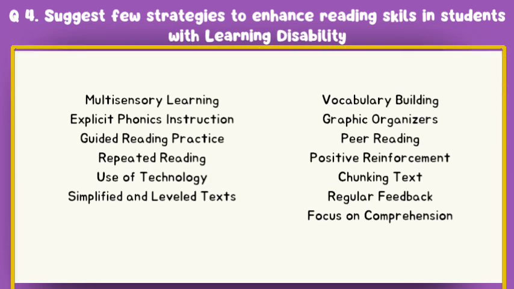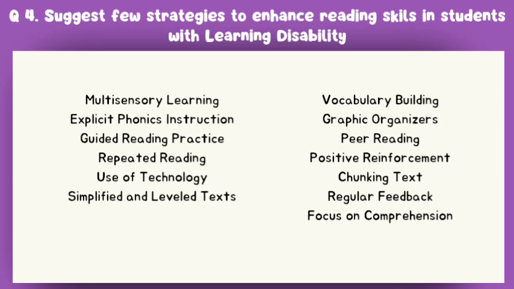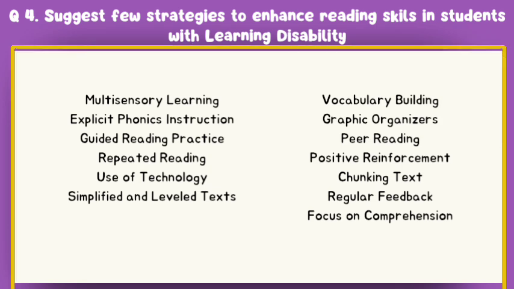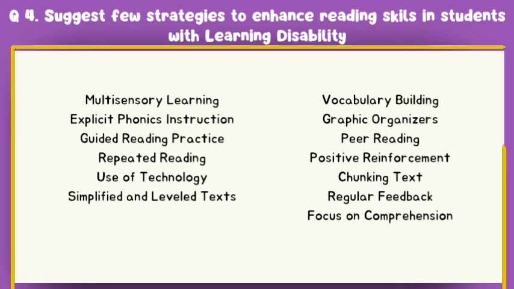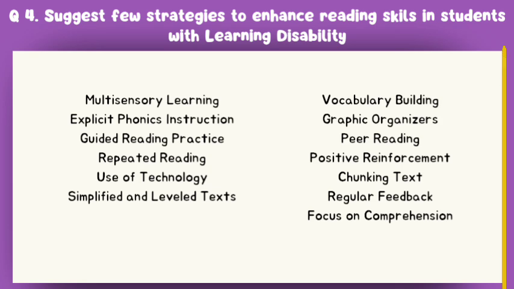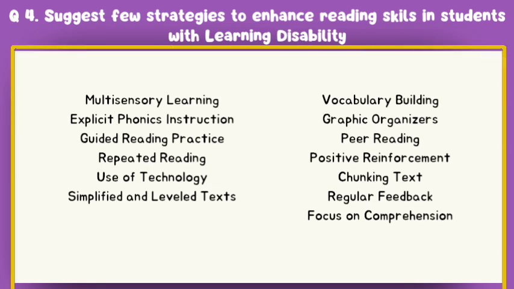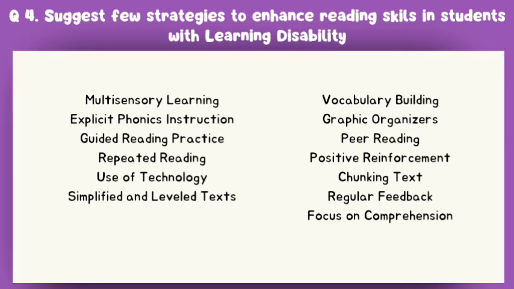Next is use of technology. That means incorporating assistive tools like audiobooks, text-to-speech software, or reading apps to support comprehension. The next is simplified and leveled texts, meaning we need to use books and materials at the students' reading level to reduce frustration and build confidence.